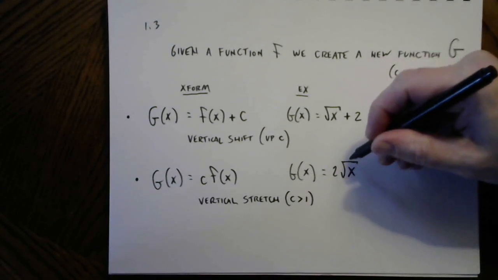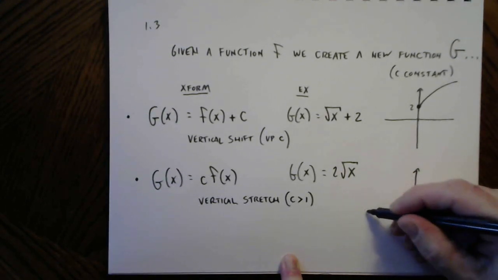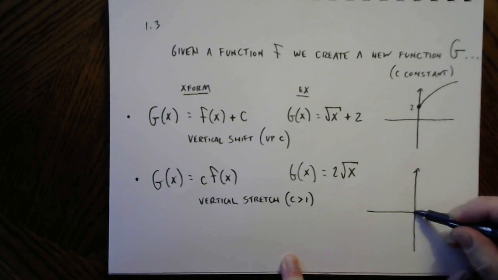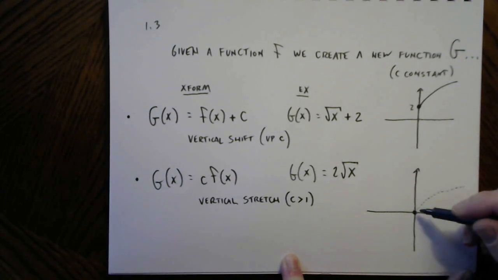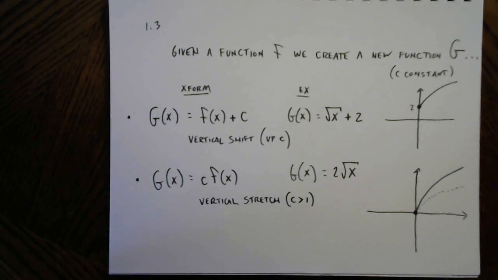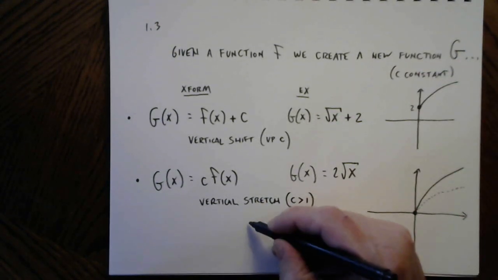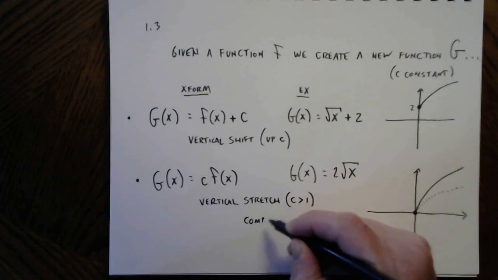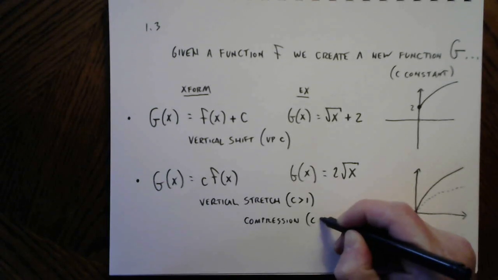Taking the old essential function and multiplying it by a factor of 2, the original is rooted at the origin, but this is going to stretch the whole thing up. So when c is greater than 1, it's a stretch. It's a compression, which is the opposite of a stretch, if c is less than 1.